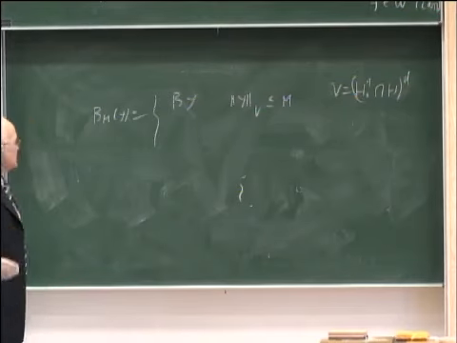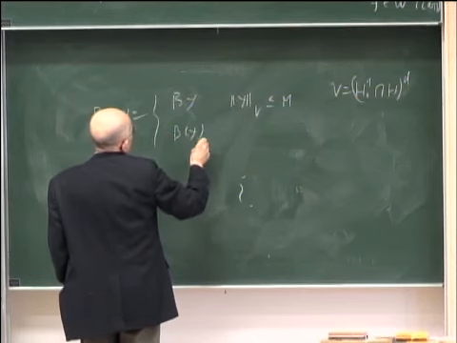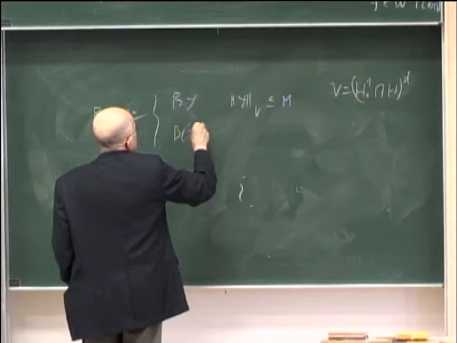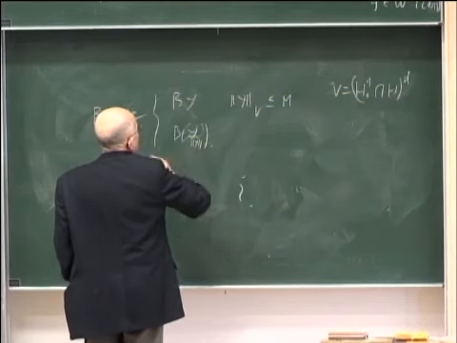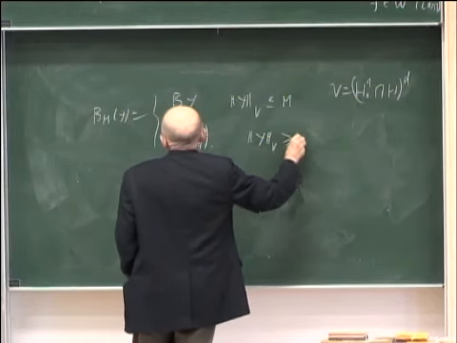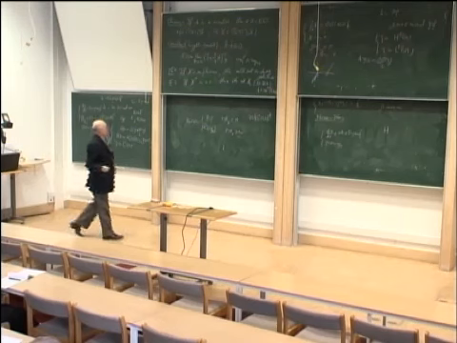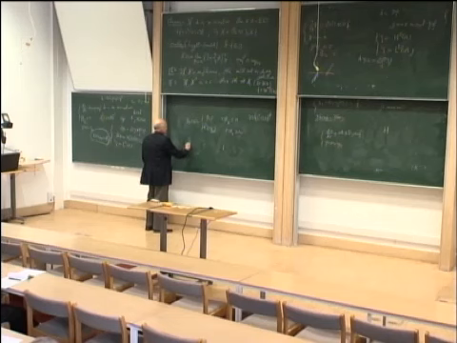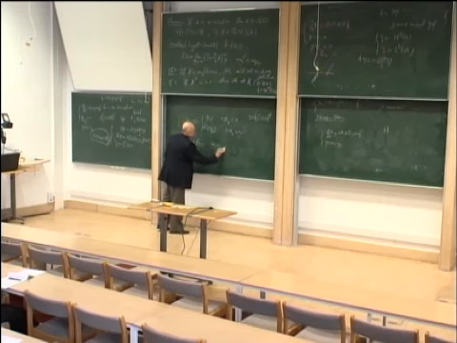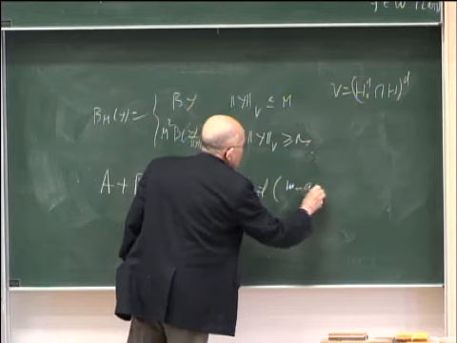It works also in dimension 4. Its truncation is y over the norm of y, in fact m squared, if the norm of y in V is greater than m. It turns out this is a good operator: A plus B_m is maximal monotone, that is, maximal m-accretive.